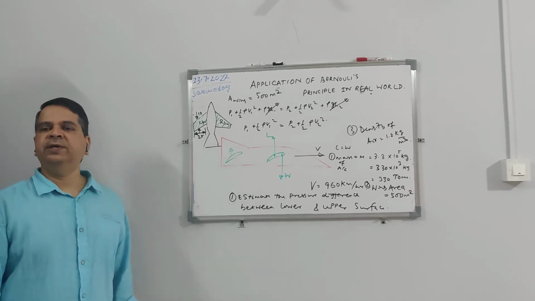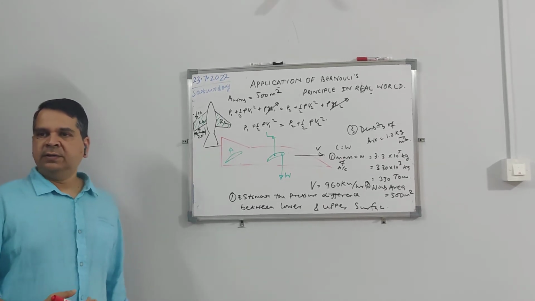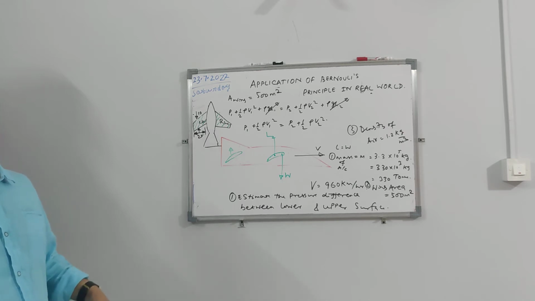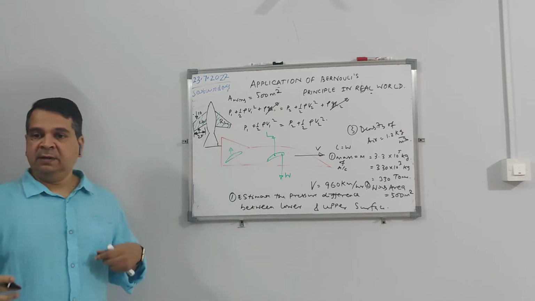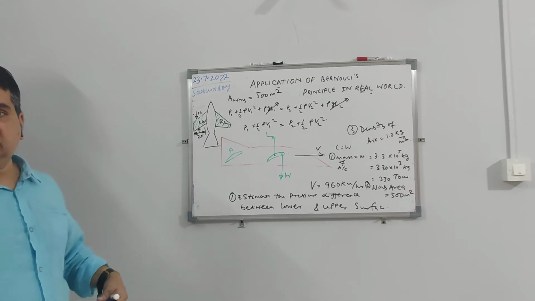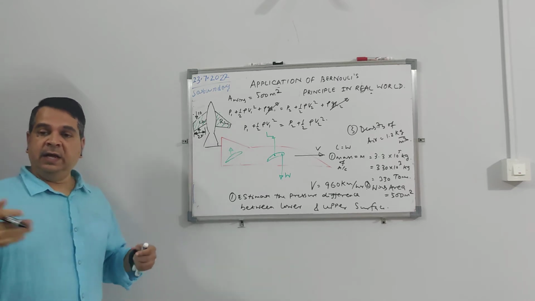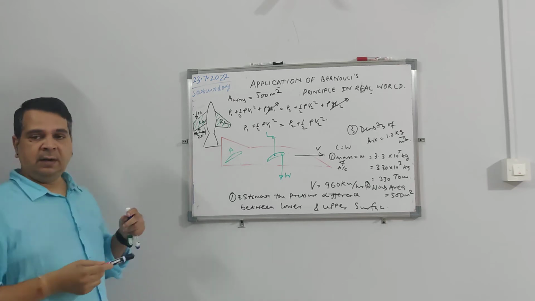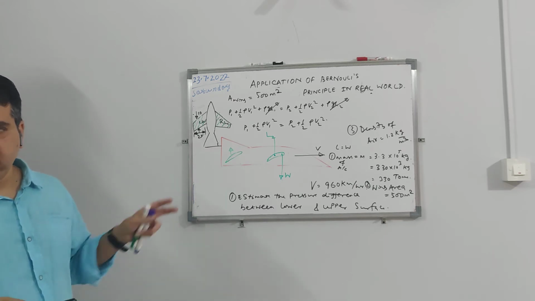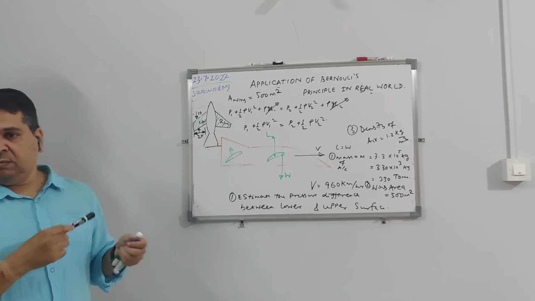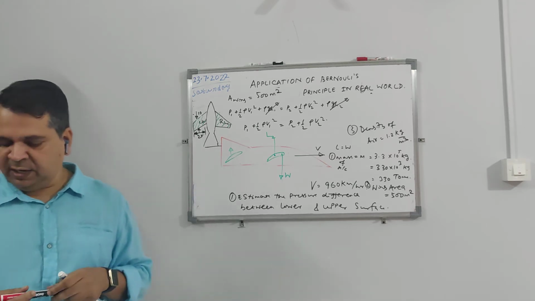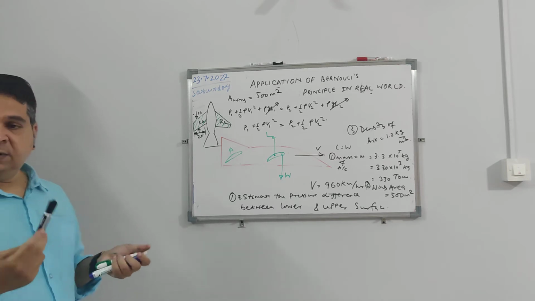Let us say this room is maybe 5 meters, so the length of one wing is something like 5 times this room, 5 into 5. That long it is. 25 meter length and 10 meter width, so the area is around 500 meter square. Now you know the area, and you want to find out the pressure difference.